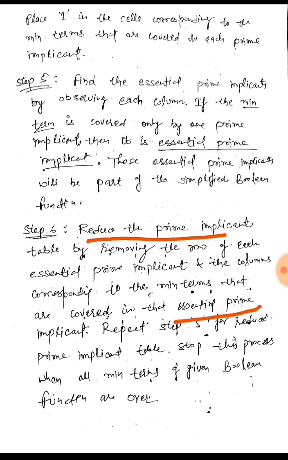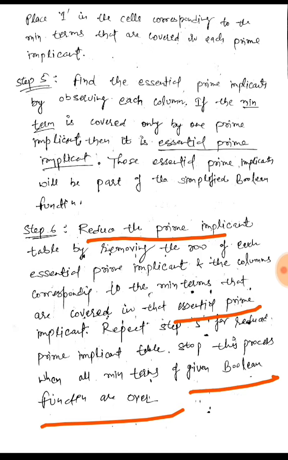So we will remove the essential prime implicant in the sixth step, as well as the minterms corresponding to that essential prime implicant. Then repeat step 5 for reducing the prime implicant table. Stop this process when all minterms of the given Boolean function are covered.